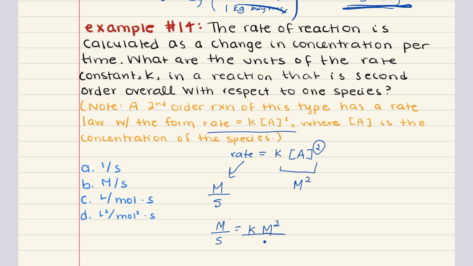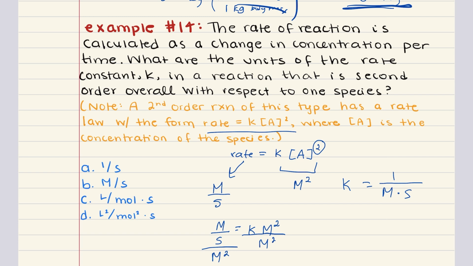We can go ahead and divide both sides by molarity squared, and we get that K, the rate constant, is equal to 1 over molarity times second. Now M is shorthand for molarity, which is equal to moles per liter.